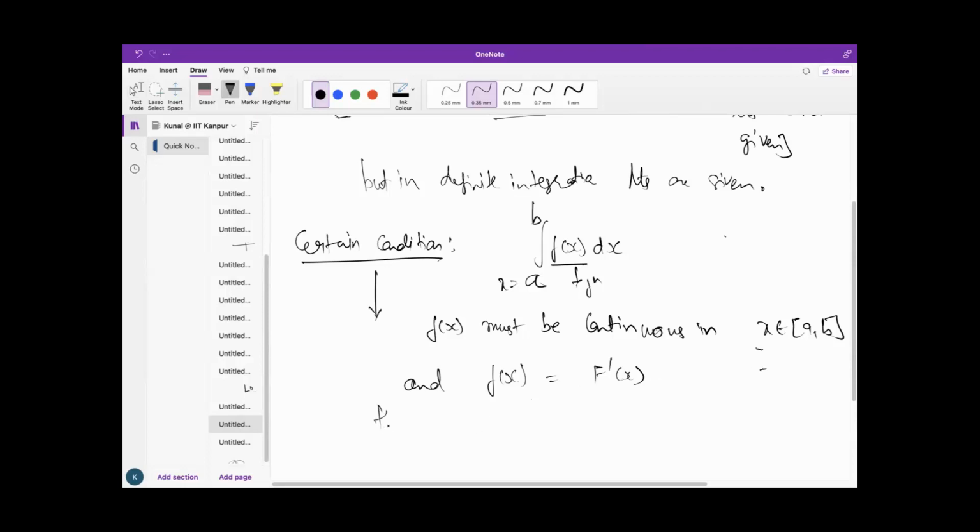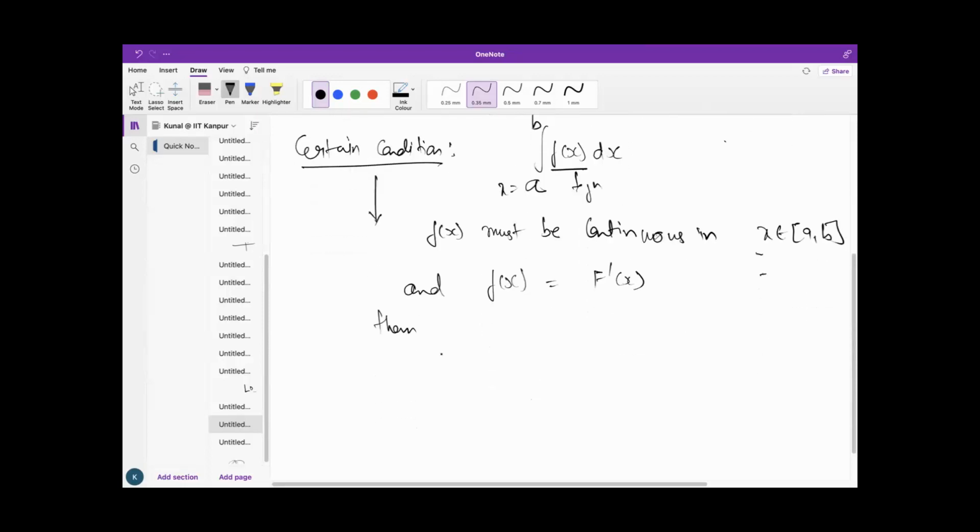So what we can write then, we can write it as integral from a to b of f(x) dx is equal to F(x) from a to b, and then we have to put the limits. So first we have to put the upper limit and then we have to put the lower limit. That is F(b) minus F(a).